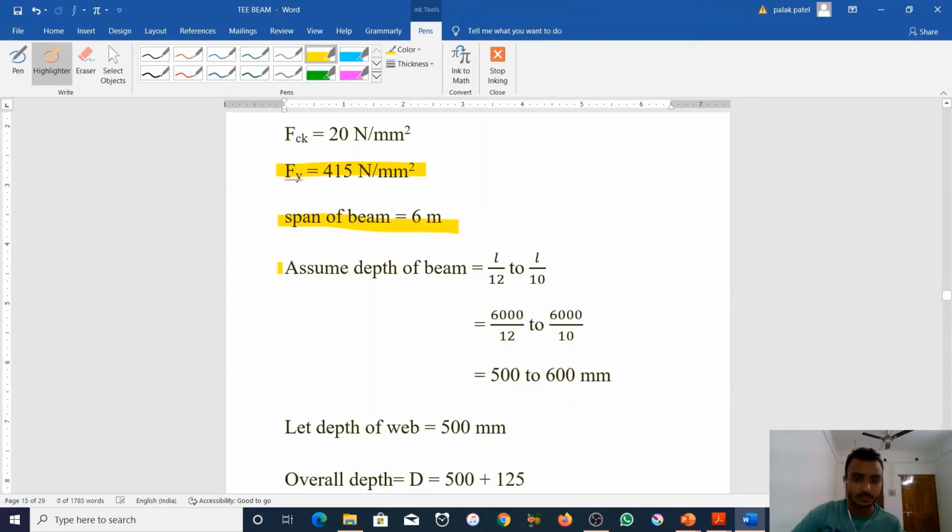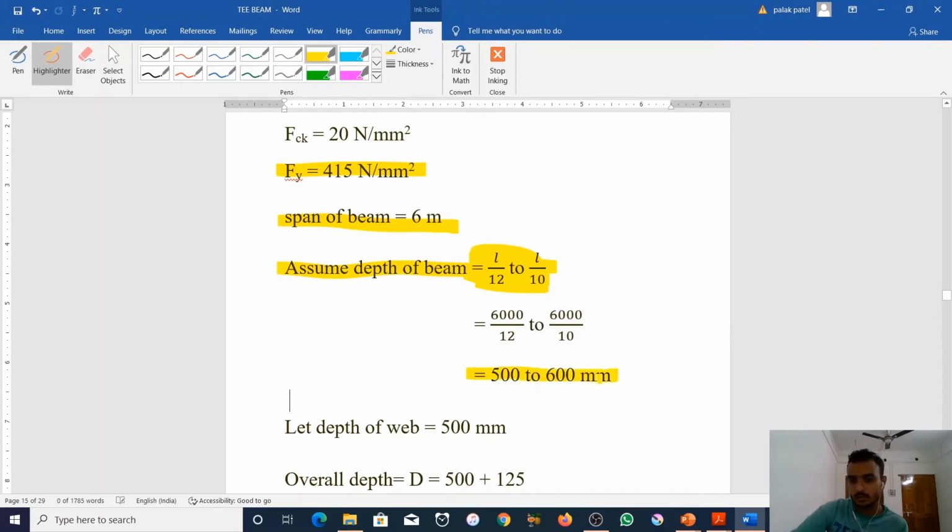Assume the depth of beam. You can assume depth of beam by this equation: L by 12 to L by 10. L is given, span is 6 meter, so 6000 mm divided by 12 to 6000 divided by 10.